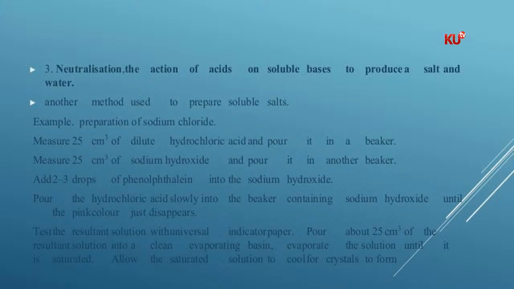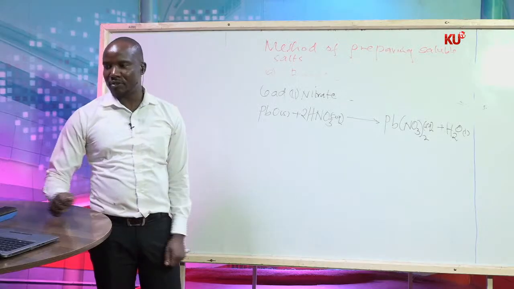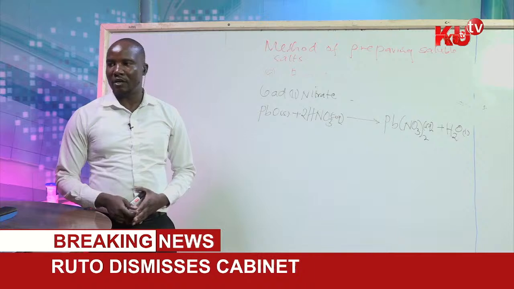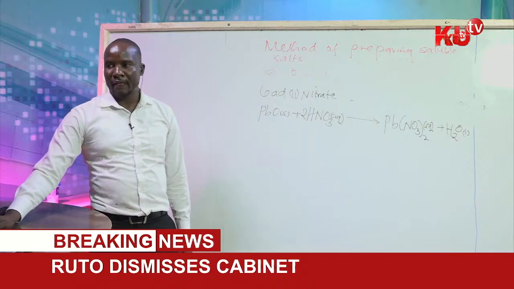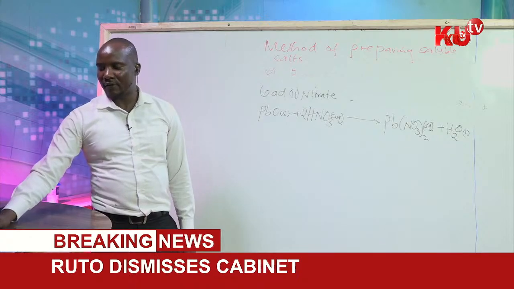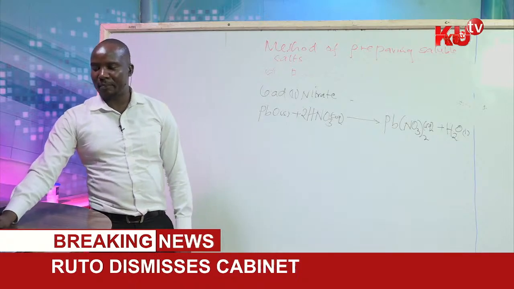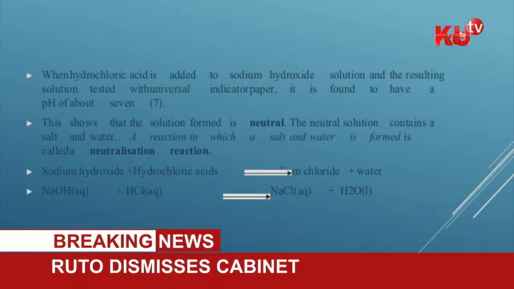Again, on the screen there is a chemical equation for the reaction between sodium hydroxide and dilute hydrochloric acid. Other salts that can be prepared by the same method, that is a neutralization reaction between a soluble base and an acid, include potassium nitrate.